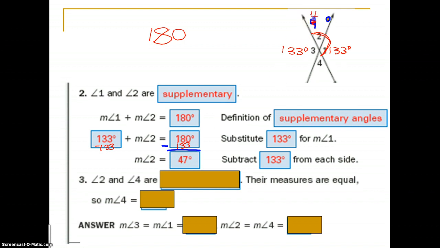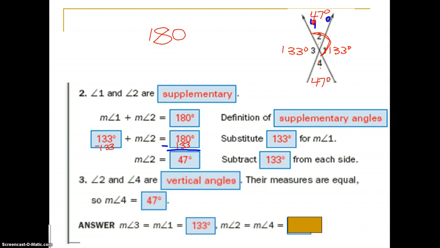So this is 47 degrees. Well, look at 2 and 4. 2 and 4 are opposite angles. They are vertical angles. So the measure of angle 4 is 47 degrees. Once you know one angle, you should be able to identify all the rest of the angles.